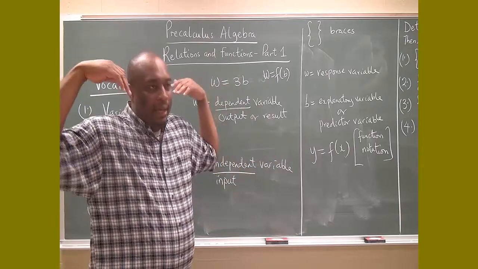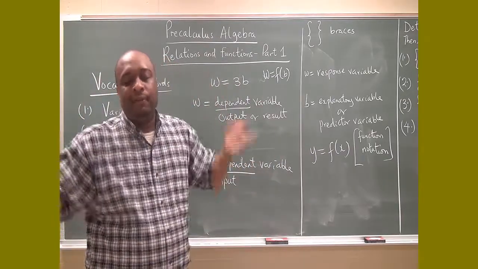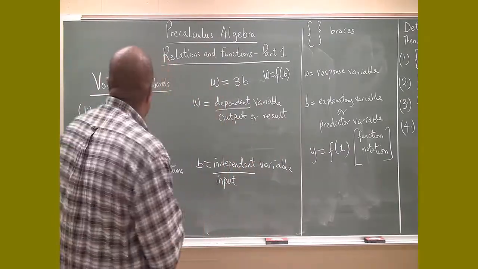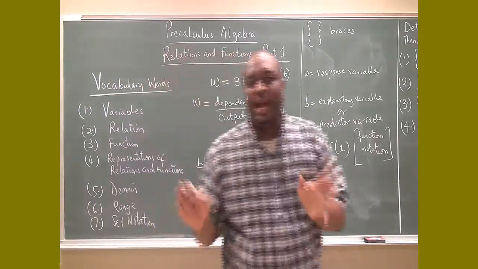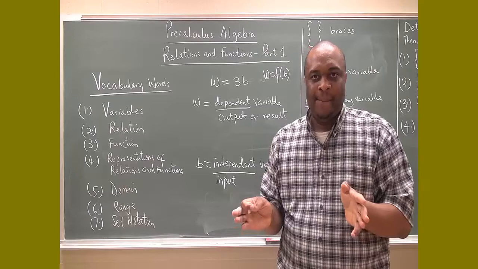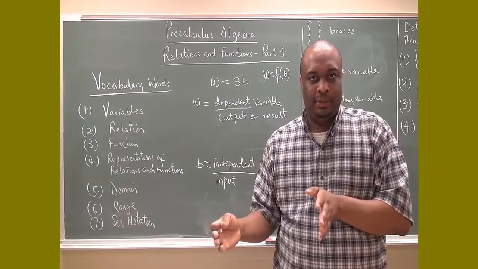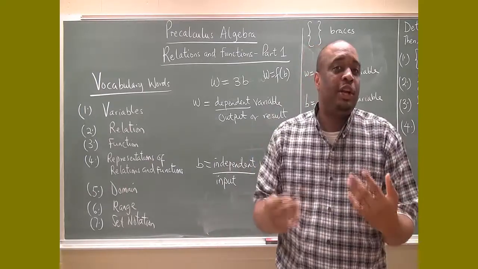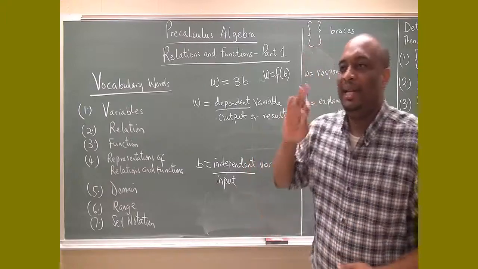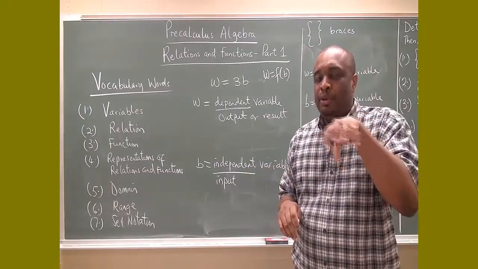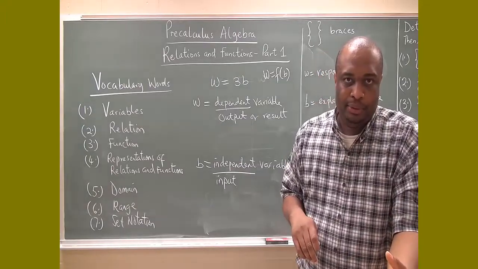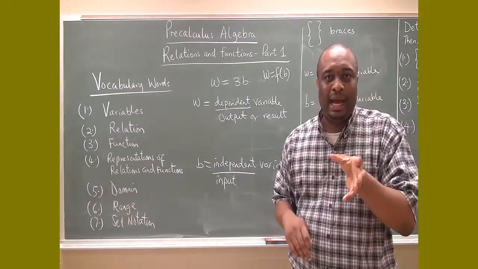Now, what is a function? A function is a special kind of relation. All functions are relations. But it's a special kind of relation in which for every input you have a unique output. Not just an output, but a unique output.